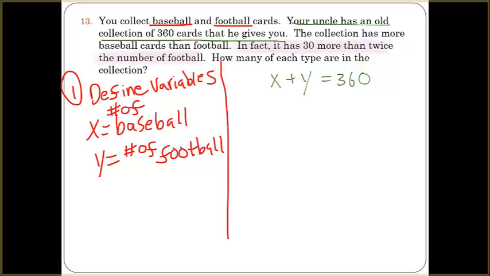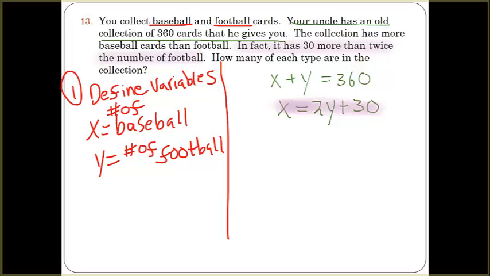It says, in fact, it has 30 more than twice the number of football cards. So what that means is that your baseball cards is equal to 30 more than twice the number of the football cards. So twice the number of the football cards plus 30.